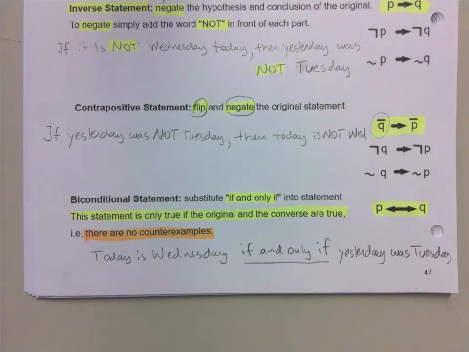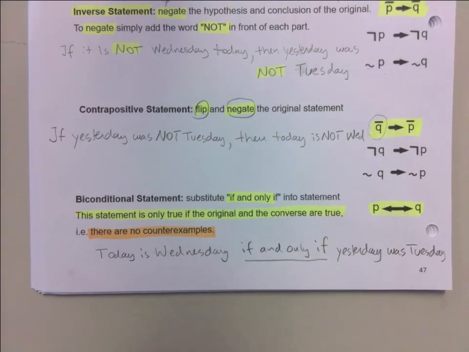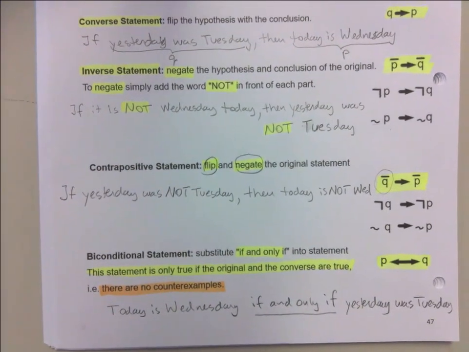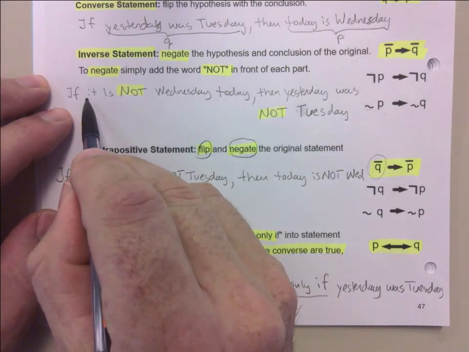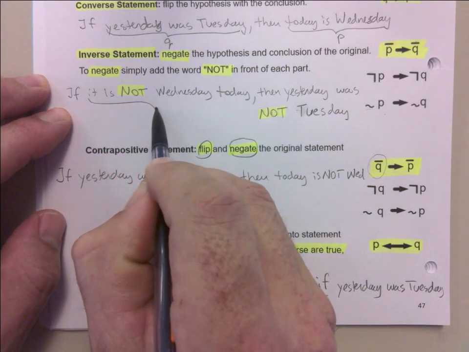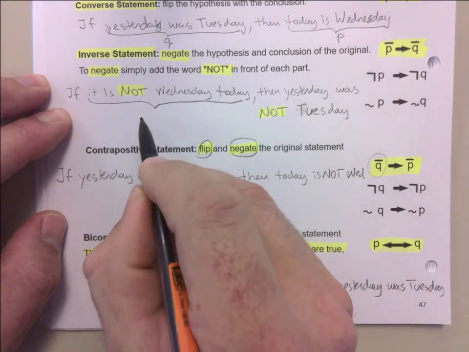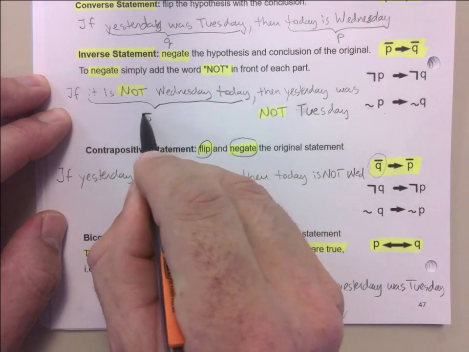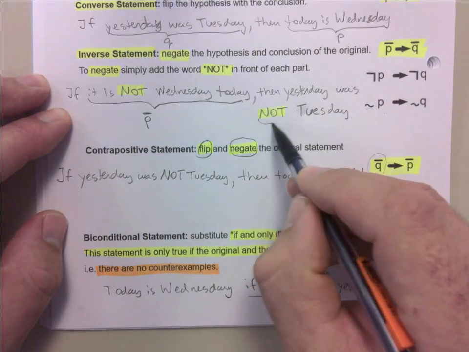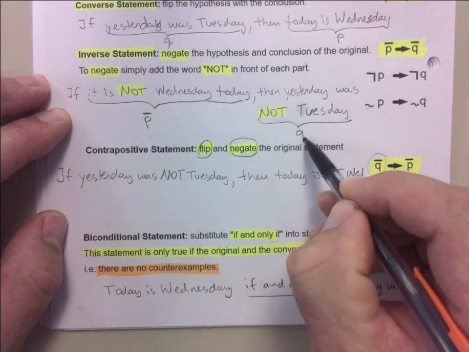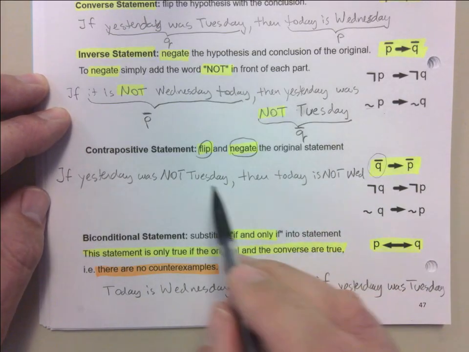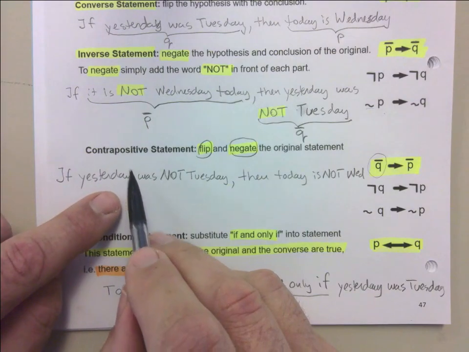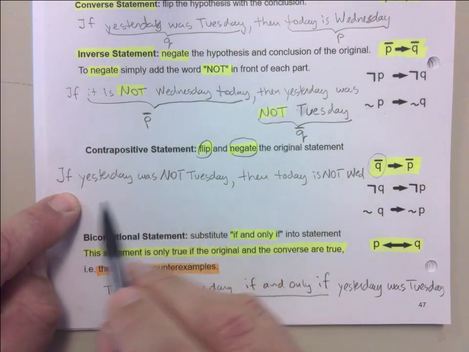And now I'm just going to make sure you understand this part when you go back through your notes. Let's make sure we understand that this here is not P, okay, and this part right here is not Q. Same with contrapositive.